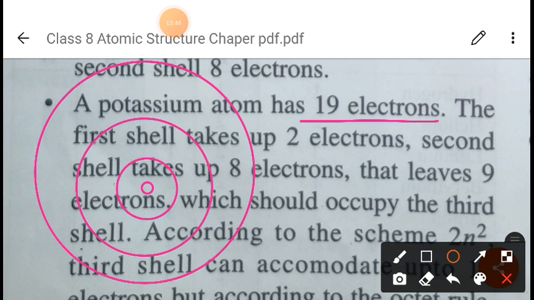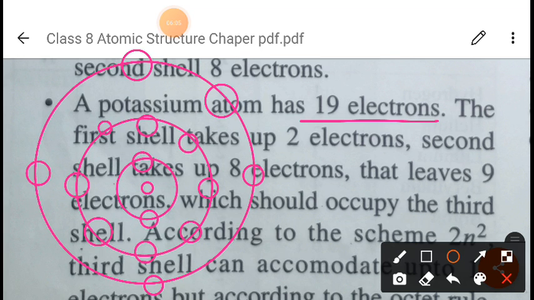In the first shell there will be 2 electrons, in the second shell there will be 8: 1 2 3 4 5 6 7 and 8. So how many has it become? 10, right? Now how many are left? 9 are left. So again in the third shell there will be 8 electrons: 1 2 3 4 5 6 7 and 8, right?